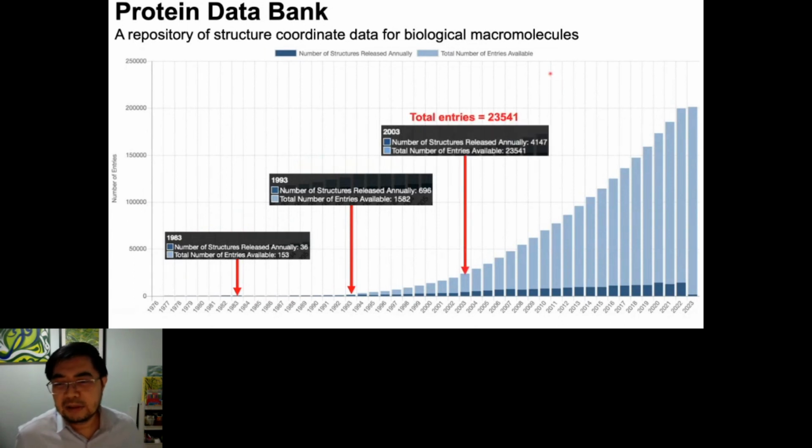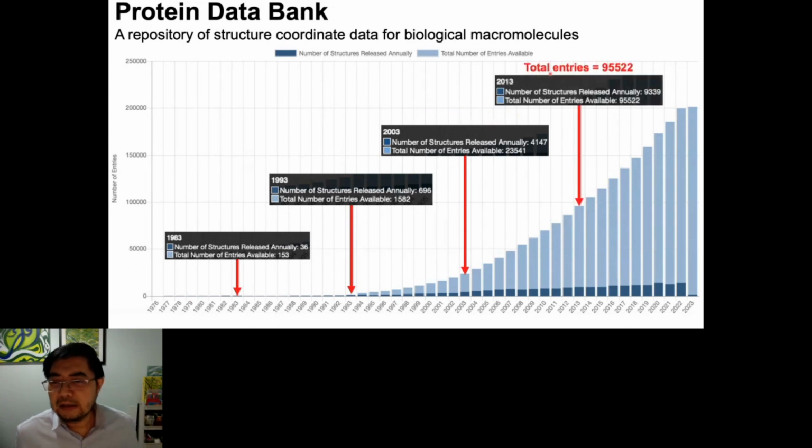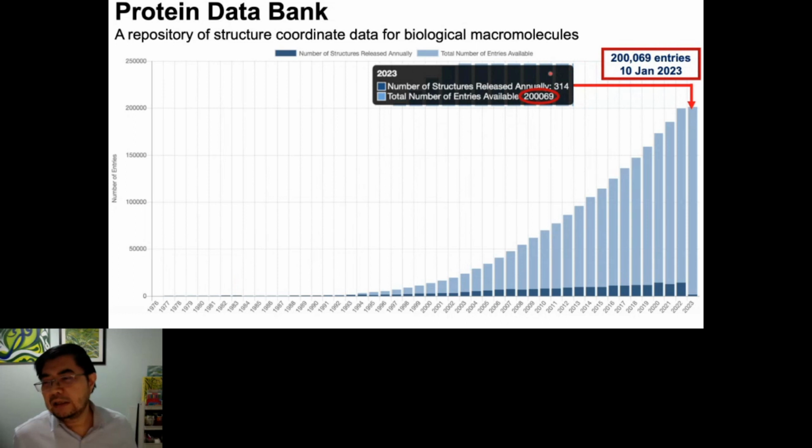And then 20,000 around the time I did my PhD in 2003, 2004. And now, 10 years after that, in 2013, it's almost 100,000. But recently, about last week, the PDB finally crossed the threshold of 200,000 coordinate structures.